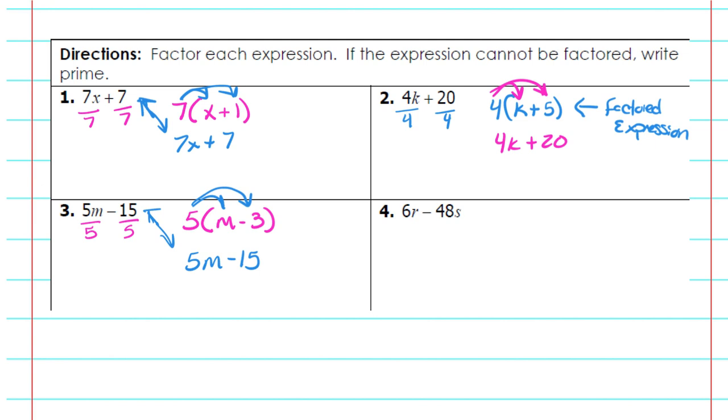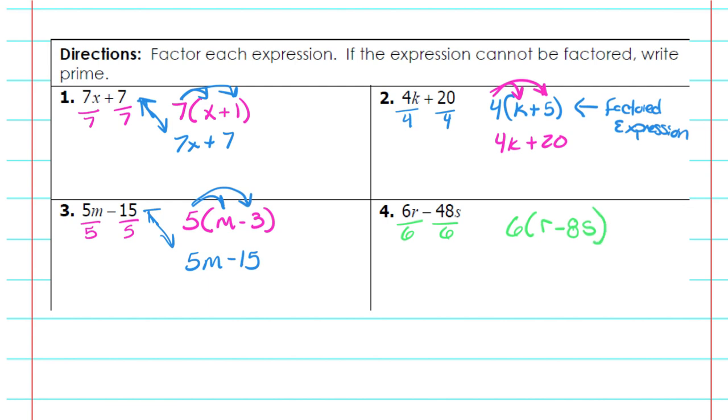Same with number 4. 48 is a multiple of 6. I know this, so I can divide them both by 6. If I factor 6 out, 6r divided by 6 leaves me just with r, minus 48 divided by 6 is 8, and then I have that s, so it is negative 8s.